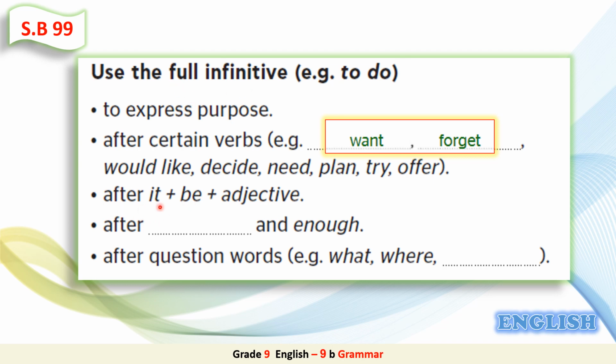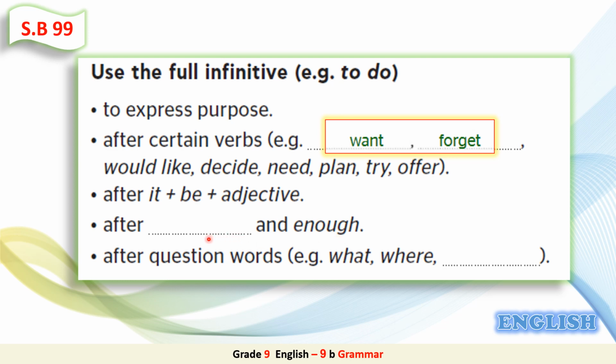Number 3, after it plus be plus adjective. By be here we mean either is in the present tense or was in the past tense. For example, it is difficult to do this exercise. It was dangerous to enter the forest alone. 4. After too and enough.